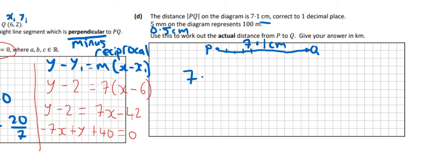I'm going to do 7.1 divided by 0.5. 7.1 divided by 0.5 is 14.2. So there's 14.2 of them in that.